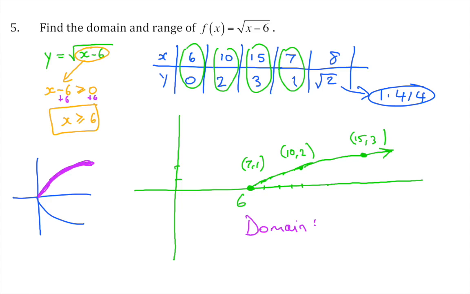Well, the domain is everywhere to the right and including 6, because it starts at 6 and it goes off to the right forever. What's the range? Well, the lowest y value is 0 because that's the point 6, 0. So it's y is greater than or equal to 0.